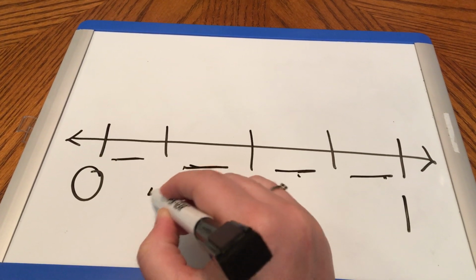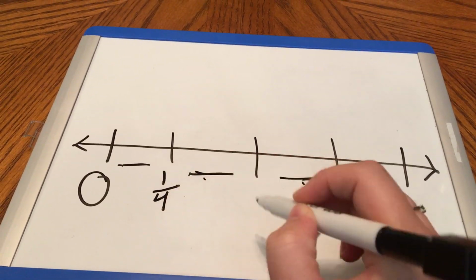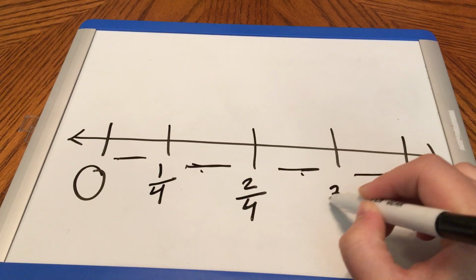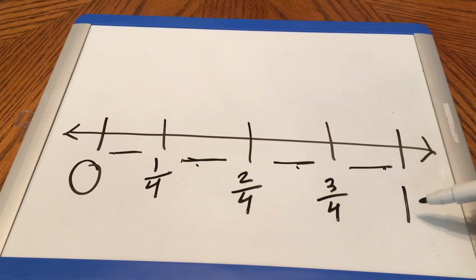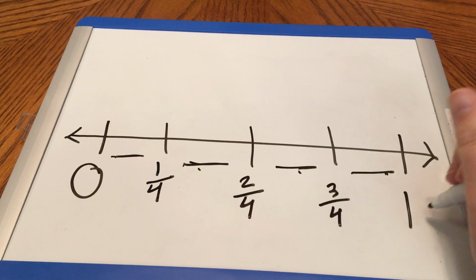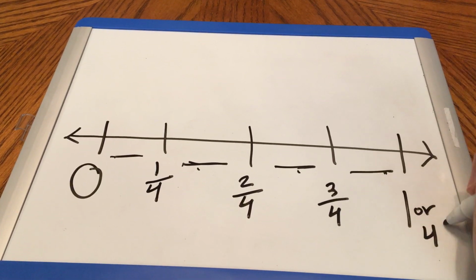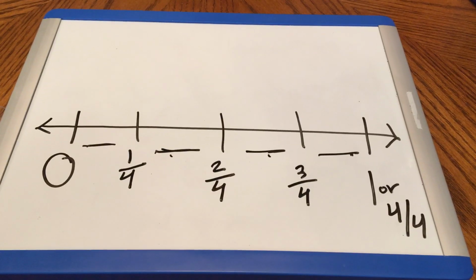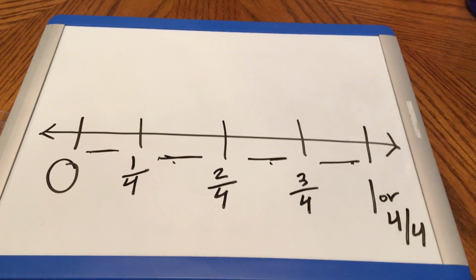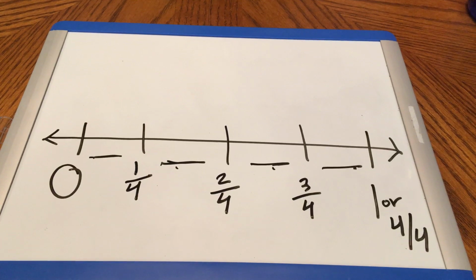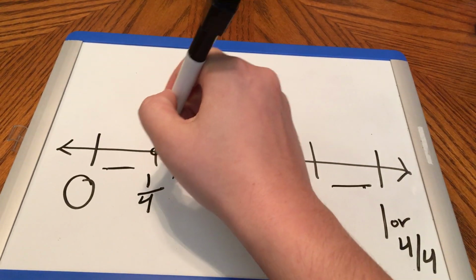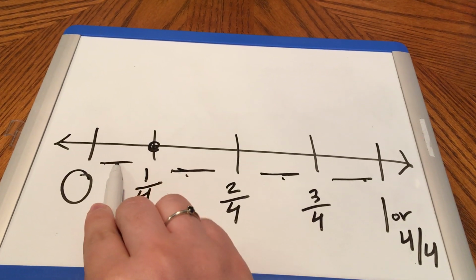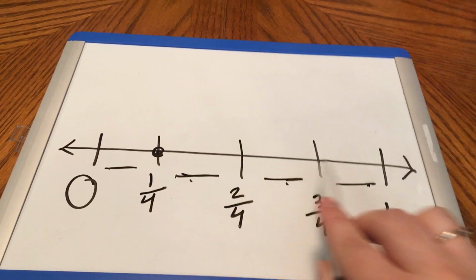So here's 1/4, here's 2/4, here's 3/4, and we know that 1 is also known as 4/4. So when you run into a number line and you want to figure out the fraction, say if there was a dot placed here, then you would count how many spaces there are, 1, 2, 3, 4.